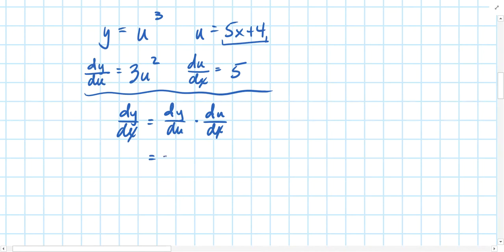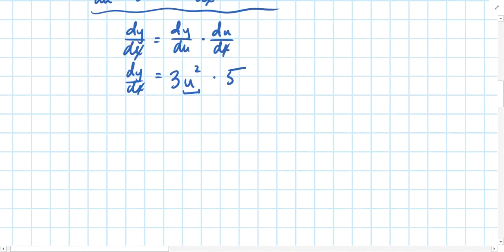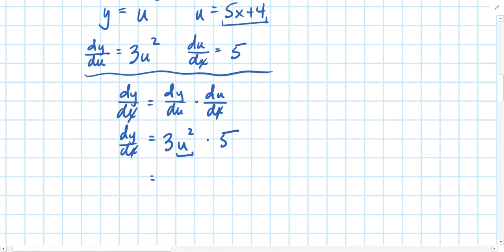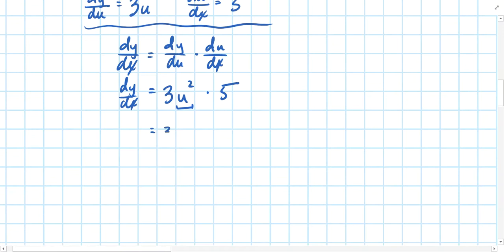dy du happened to be 3u squared. du dx happened to be the number 5. So here is our derivative with respect to x, but the problem is this letter u isn't the letter x. It's not the variable x that we want to report this as. But we did define u as 5x plus 4, and so there's the function in terms of x that we were after, 5x plus 4 squared times 5.